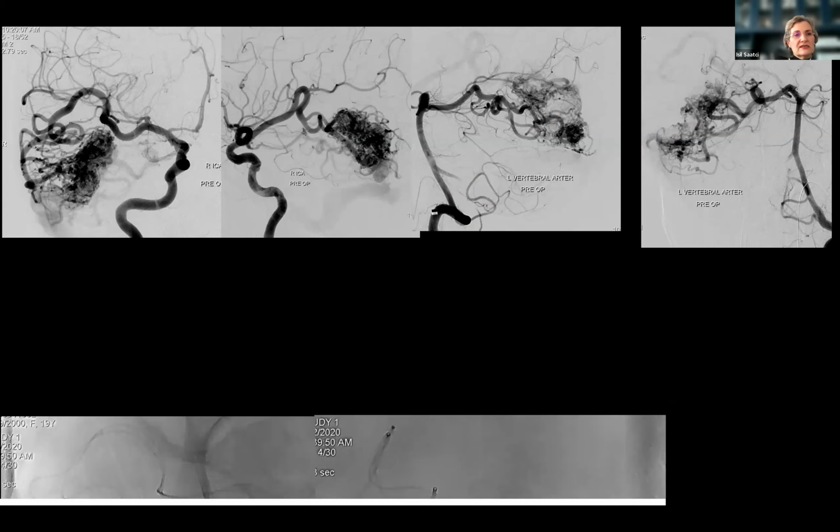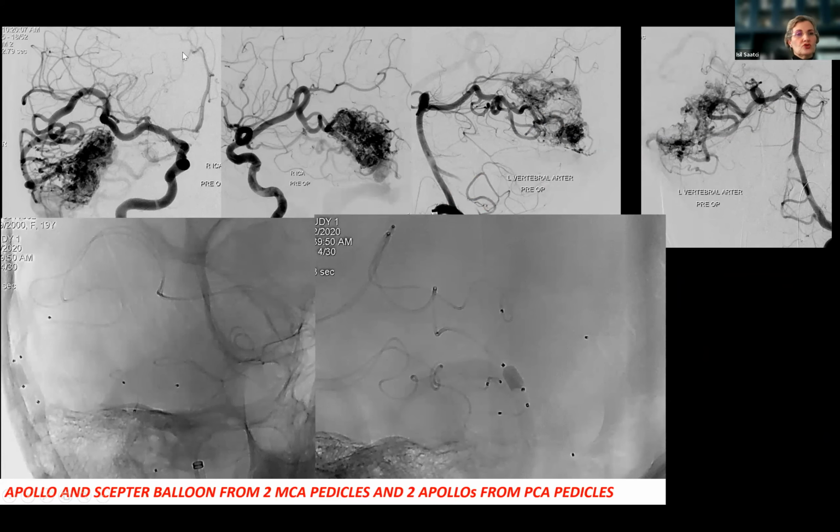And we decided to put 2 catheters in the MCA pedicles and 2 other catheters in the PCA temporal pedicles. So simultaneously, we have 4 catheters at the same time to inject simultaneously for full flow control.